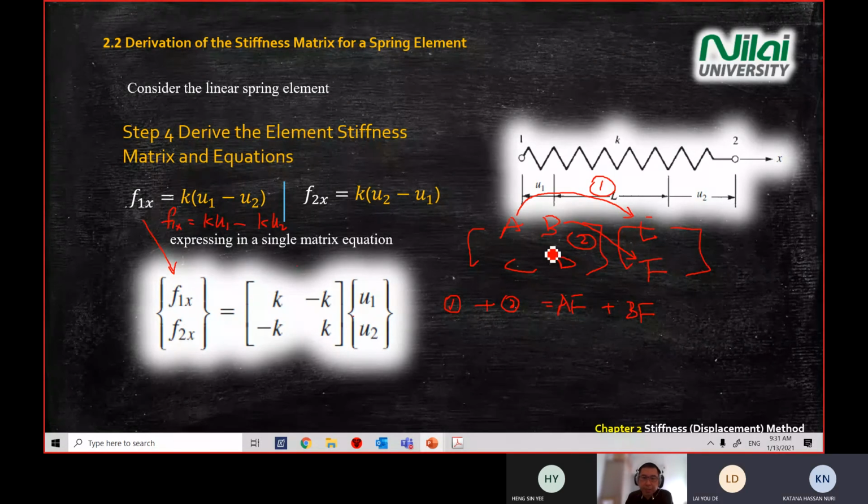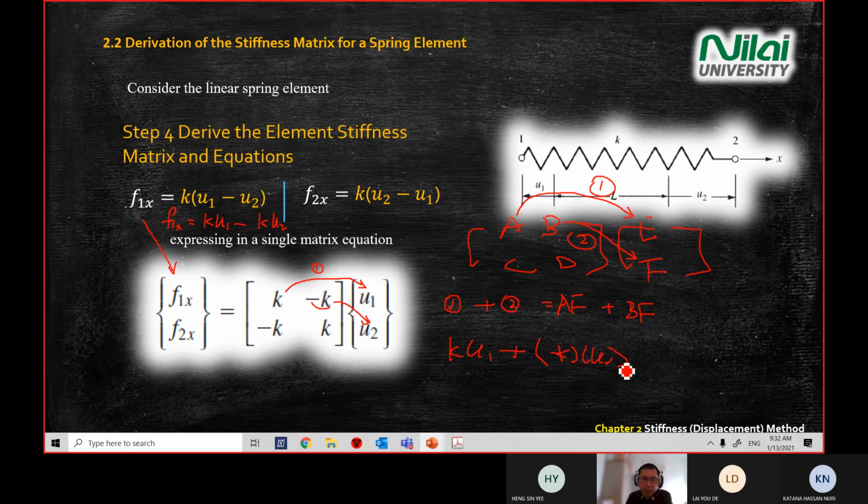All right. Now you put this concept into this formula. So you take K times U1. What you get? You get K U1. This is step number 1. Plus this element times U2. So you get negative K times U2. So at the end, you rearrange this equation: K U1 negative K U2, because you just expand the equation.